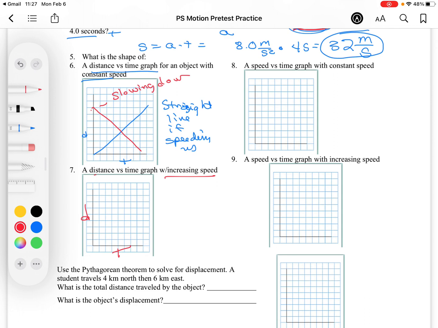Next, we have a distance versus time graph with increasing speed. And now this one is one that, I wish I was there to remind you of this, but these graphs are graphs that you have prepared. I'm sitting in a hotel room. Not in a hotel room, in a hotel lobby.